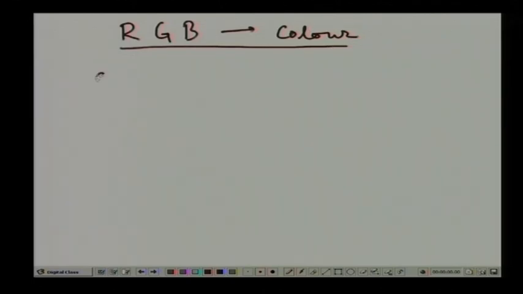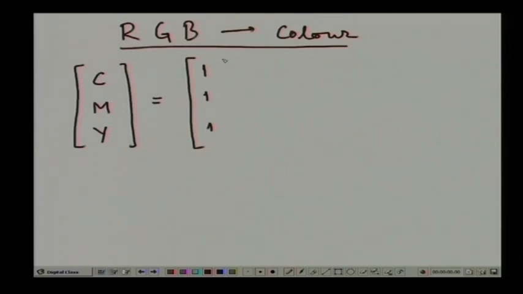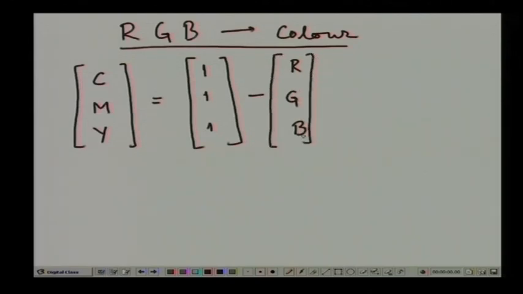We simply make the conversion that CMY is equal to 1 1 1 minus RGB. Remember that these RGB components are represented in normalized form, and similarly the CMY components that we get from this expression will also be in normalized form.